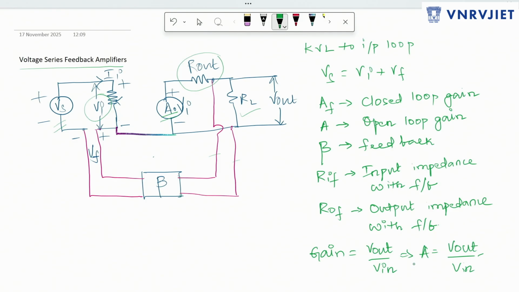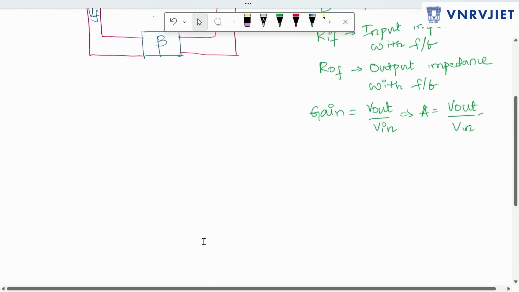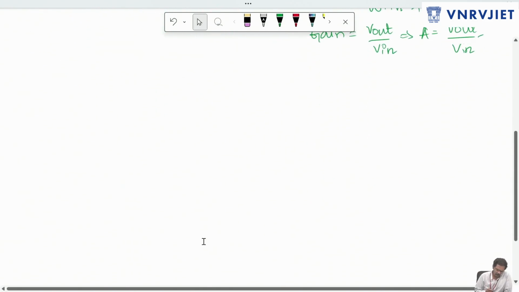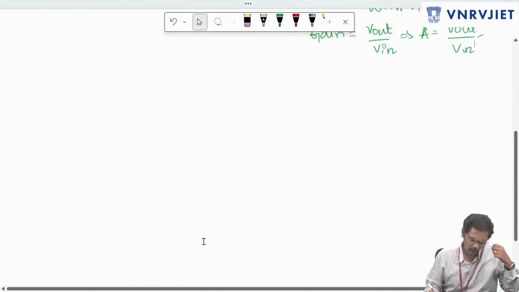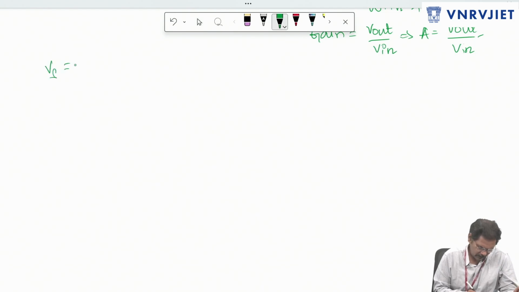AF value is going to be with the feedback. Now let's go deeper into it. First, Vs value is equal to Vin plus Vf, right?